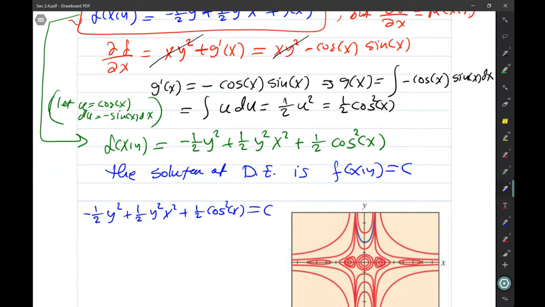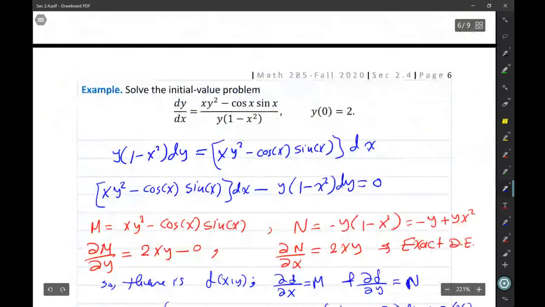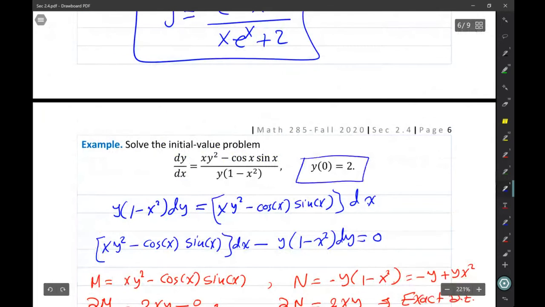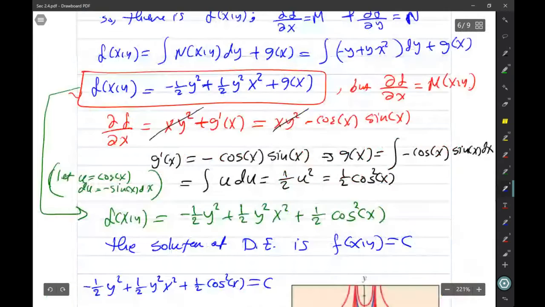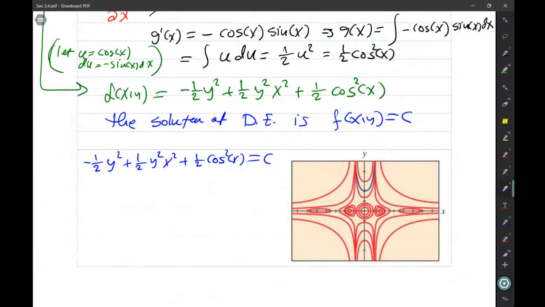Sorry, I have an initial condition. I forgot it here. We have y of 0 is equal to 2. Substitute instead of each x 0 and instead of each y 2.